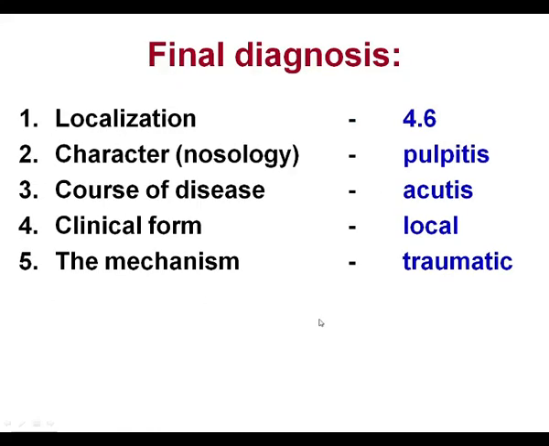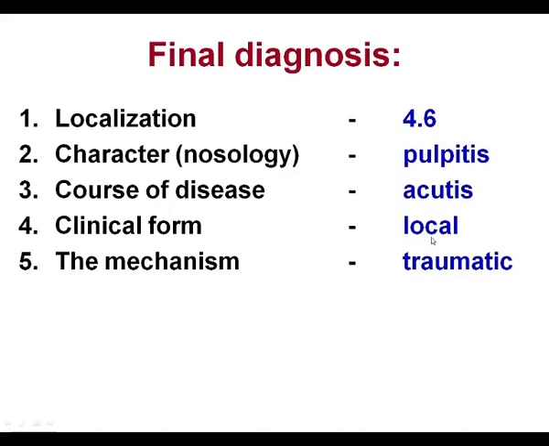And according to these points, we may make the final diagnosis. Localization, 4.6, the number of the tooth. Character or nosology, for example, pulpitis. Course of disease, it's acute.